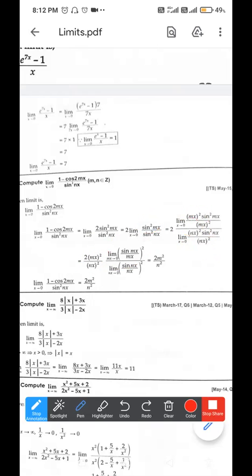Then this will become 1 and this will also become 1. So we are left with m square by n square. Understood till here?